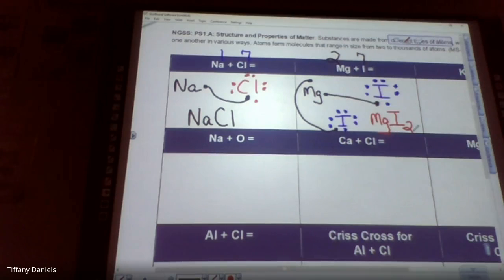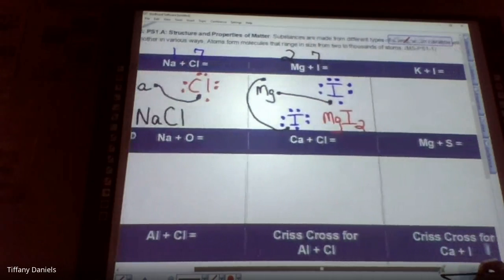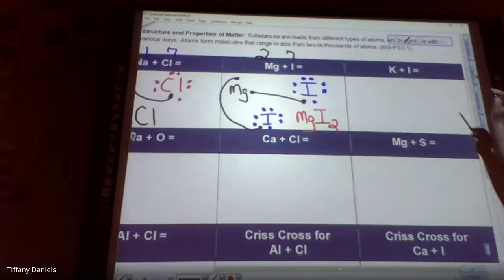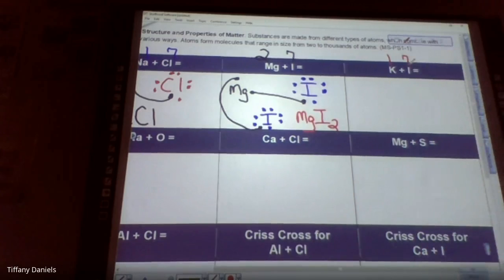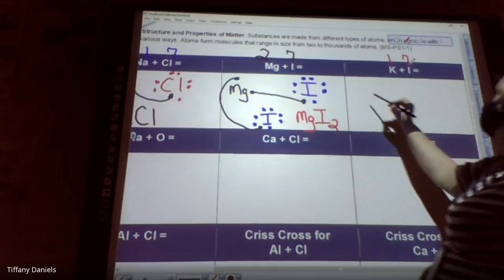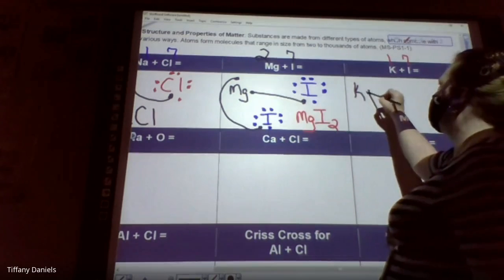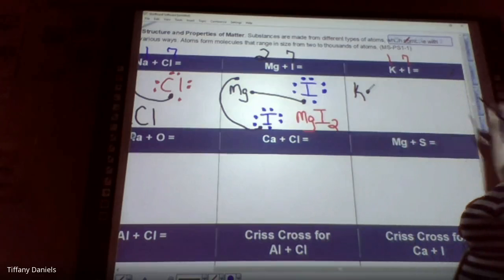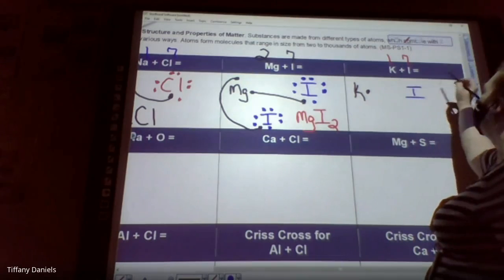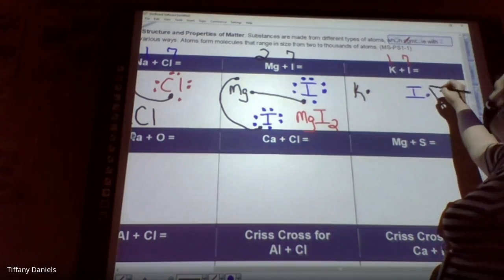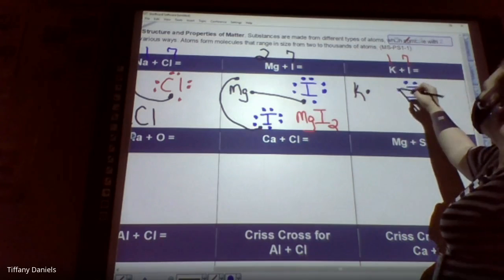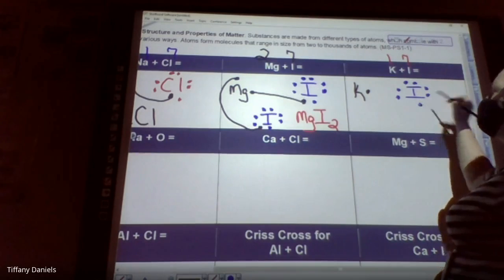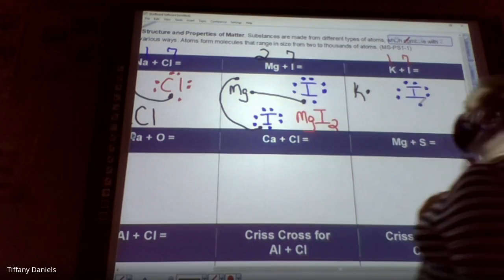All right, we'll do one more together, and then I'll let you do the next row. Potassium is 1, and iodine is 7. Guess what I probably should do is write the formula up here.